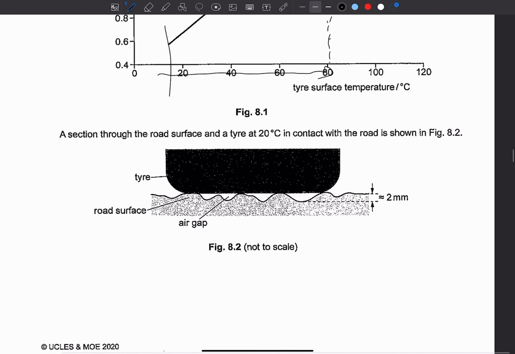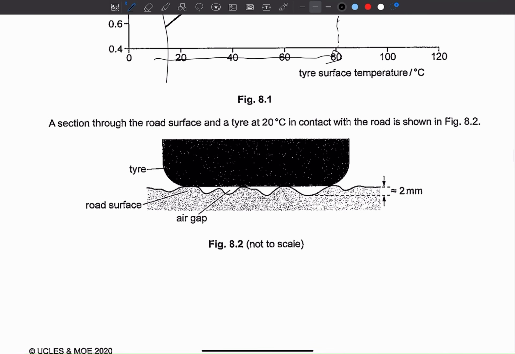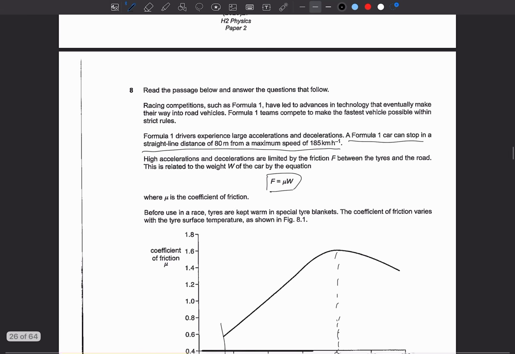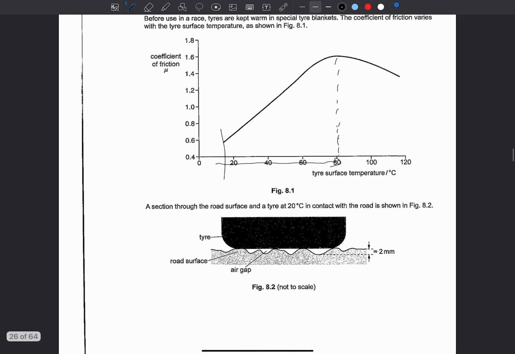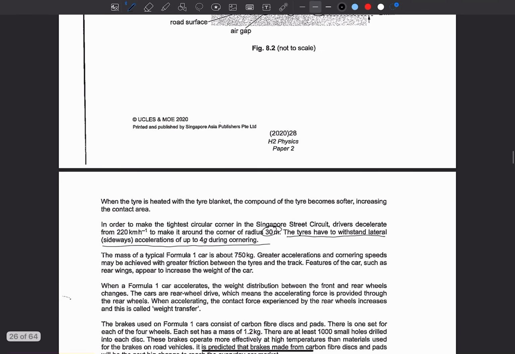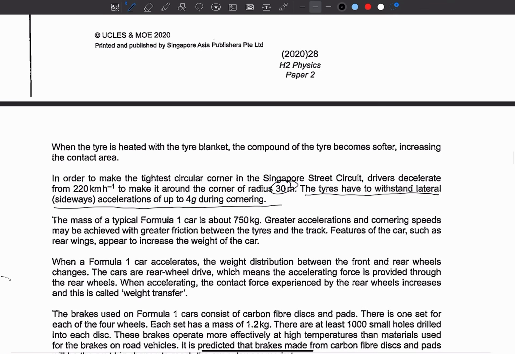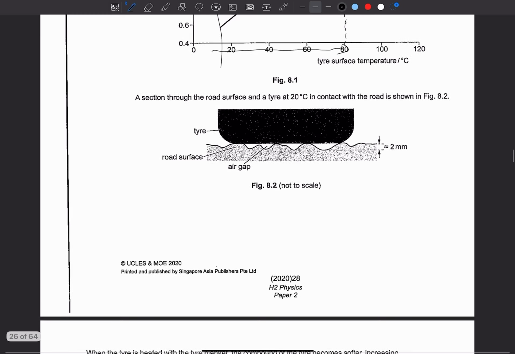Now let's look at figure 8.2. As you can see, this is the tire at 20 degrees. When the tire is heated with a tire blanket, the compound of the tire becomes softer, increasing the contact area.